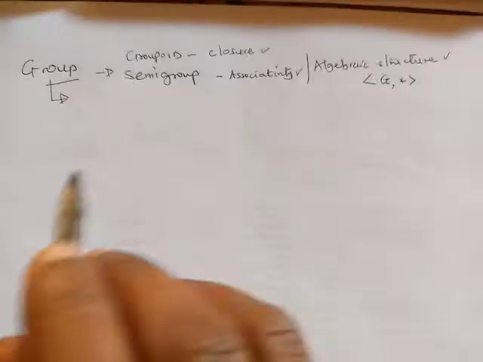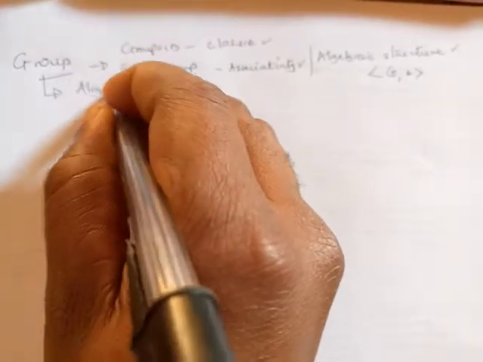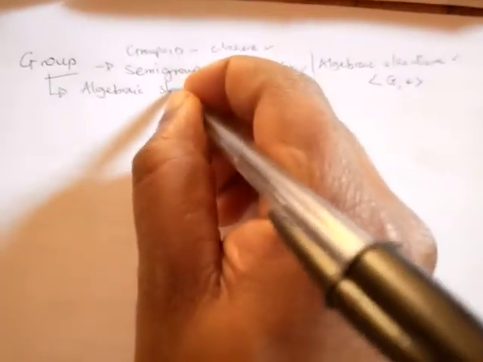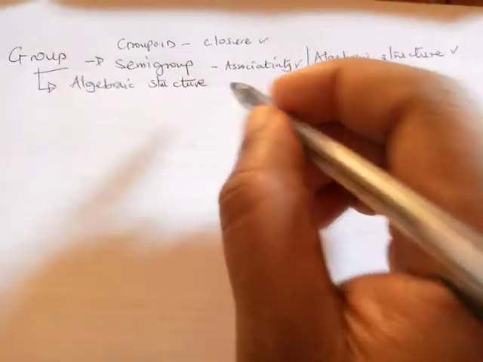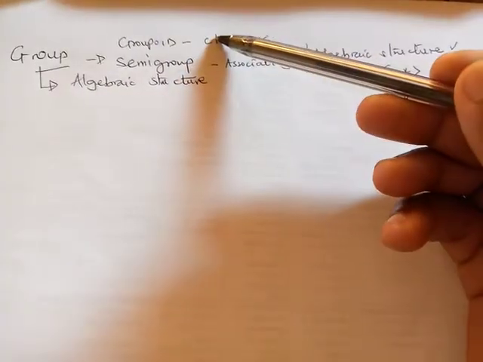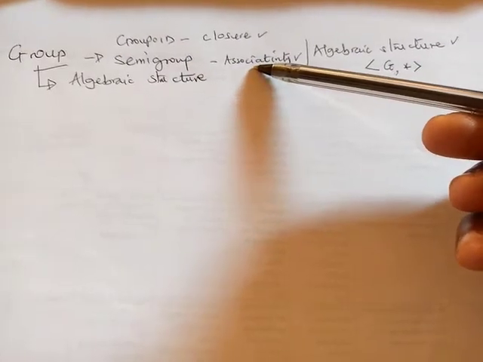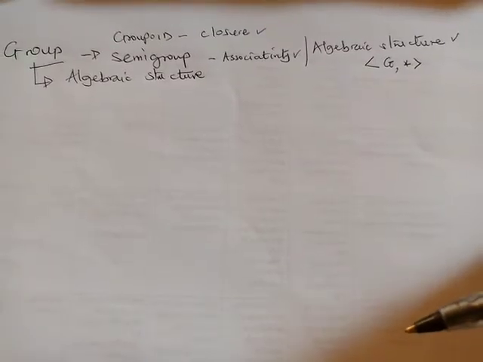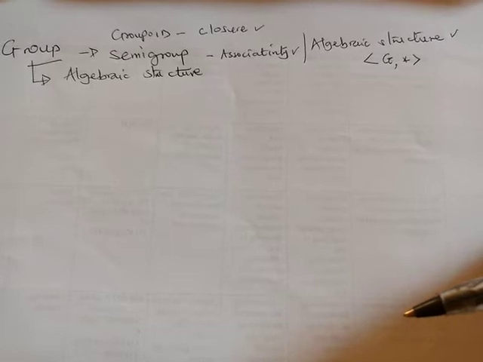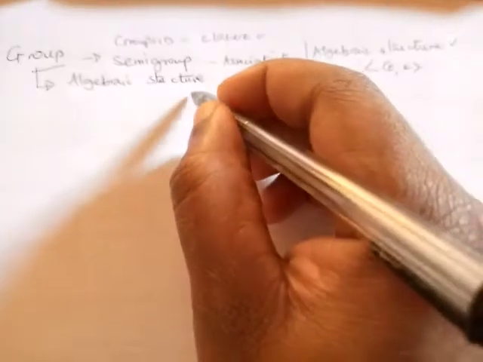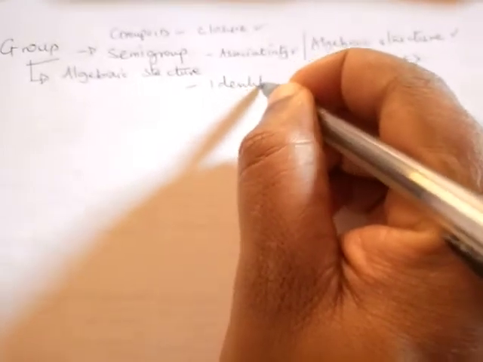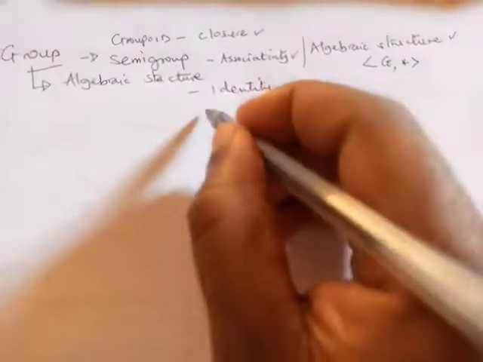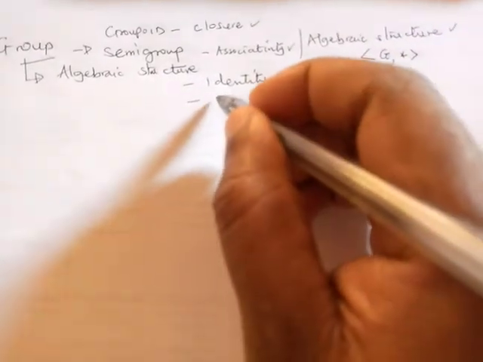A group is also an algebraic structure, and in addition to being a groupoid and a semi-group, that means being closed and associative, a group adds two other properties. Number three is identity, and number four is inverse.